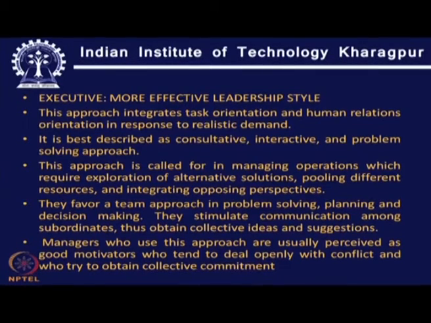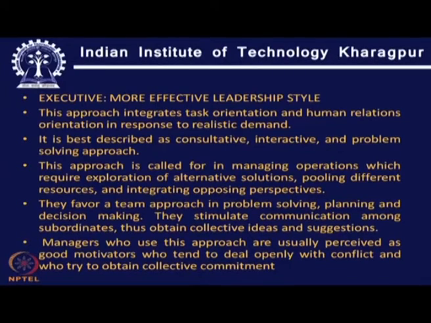In discussion with people, in problem solving, planning and decision making, they arrive at a particular solution about how things are to be done, based on collective ideas and suggestions. People practicing this style are generally taken to be good motivators, and they can deal openly with conflict and try to gain collective commitment.